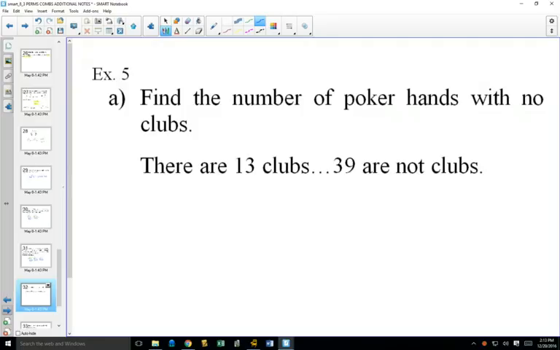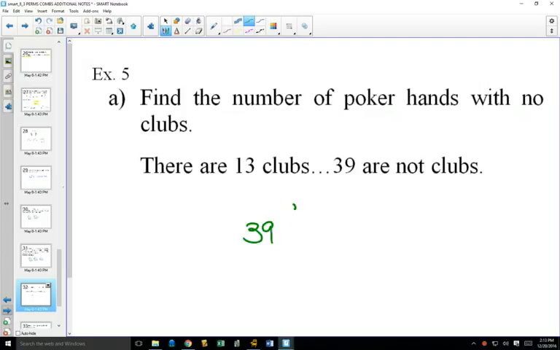See if I can do it without any clubs. Yes. All right. So there's 5 cards, and for sure I would get no clubs because I've taken the 13 cards out. So now when counting those, how many poker hands have no clubs?